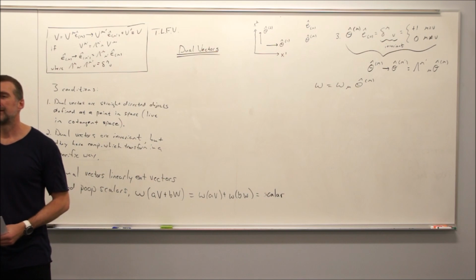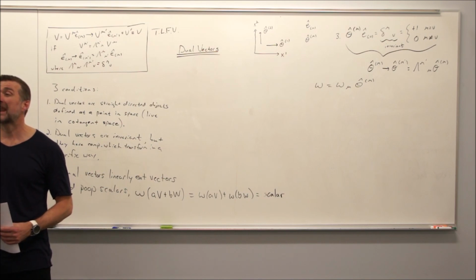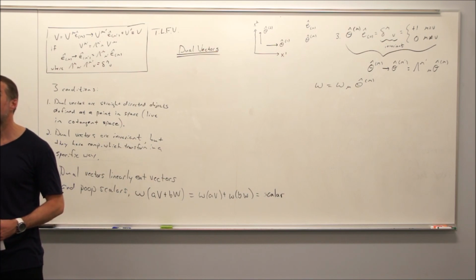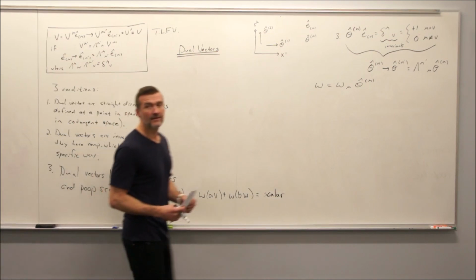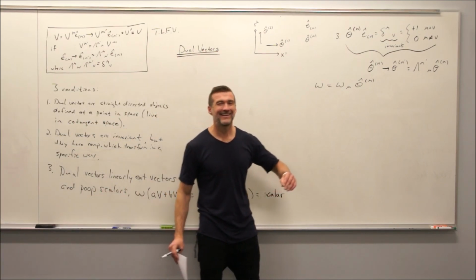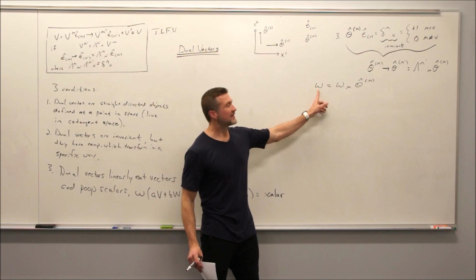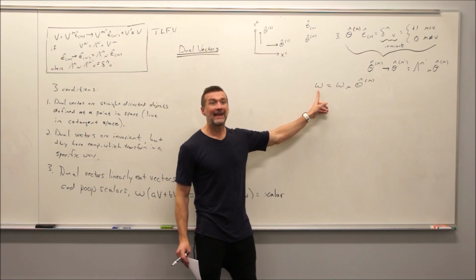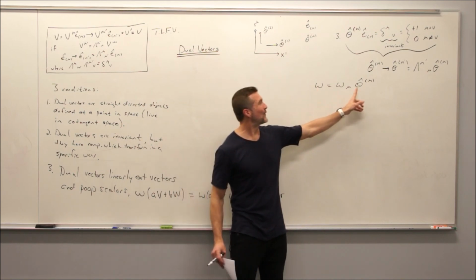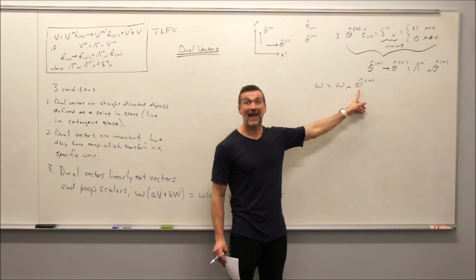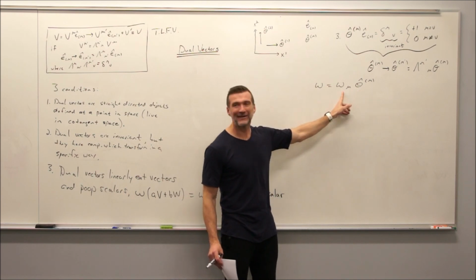Now, are you ready? Talk about getting a lot for your money. Okay. Check this out. This is a dual vector. It's invariant. We know how these transform. So we can figure out how these transform.